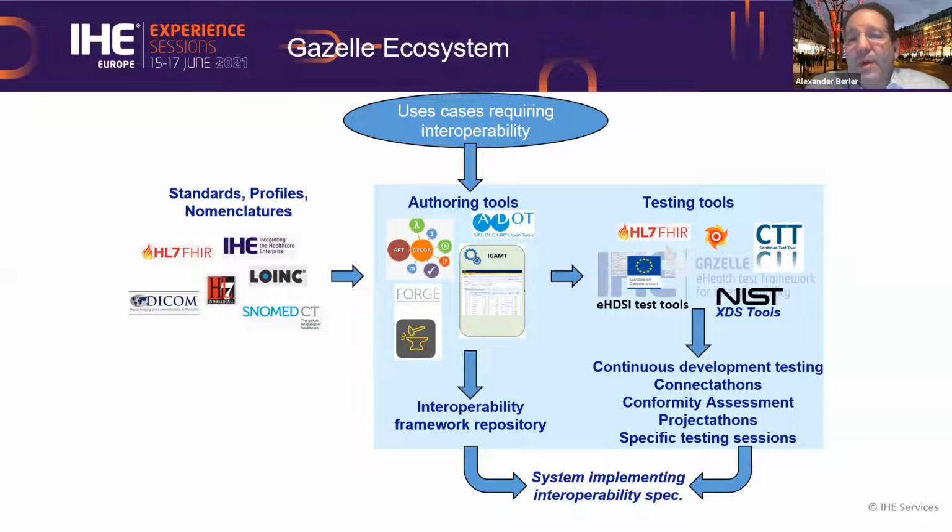And we are working a lot at the global scale on integrating FHIR tools to be able to support a lot of new national and regional projects that are basing their strategy on FHIR specifications.